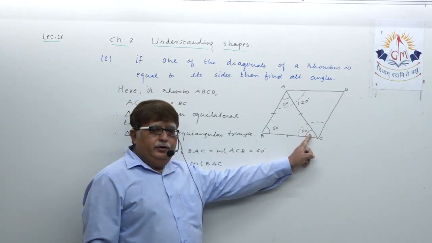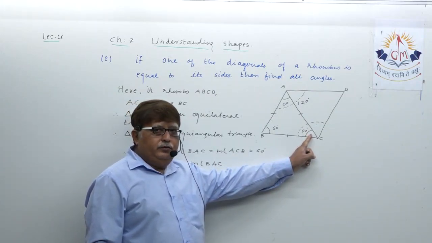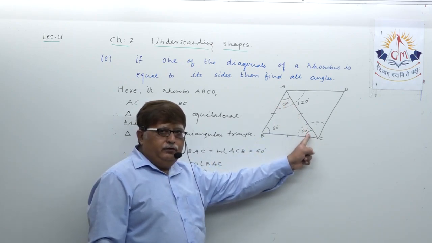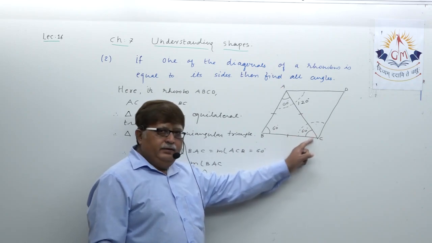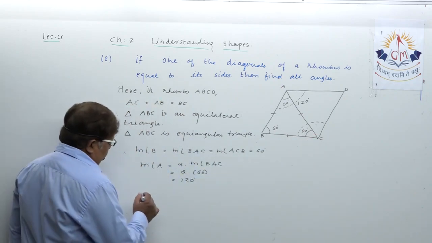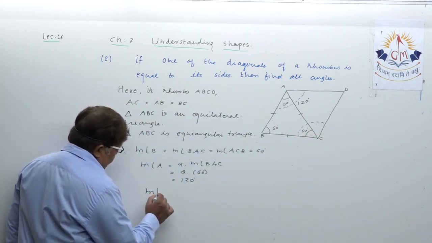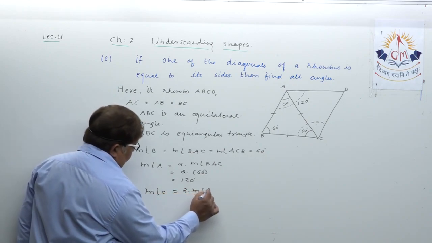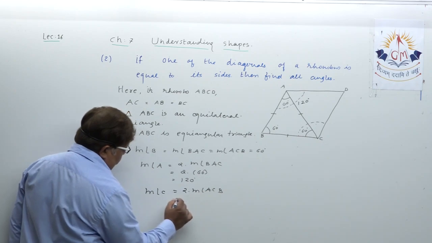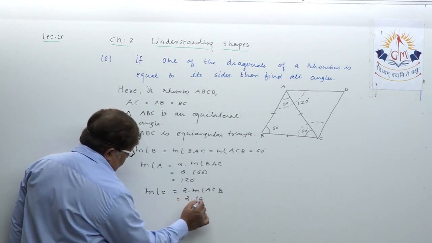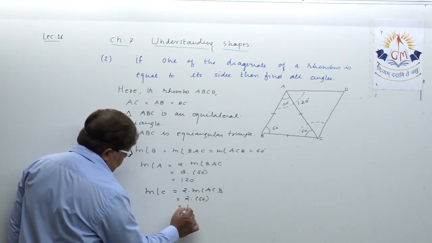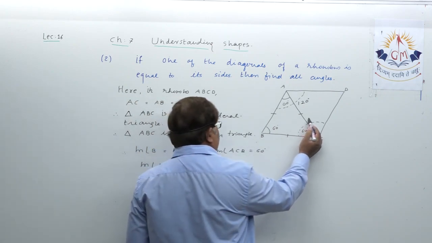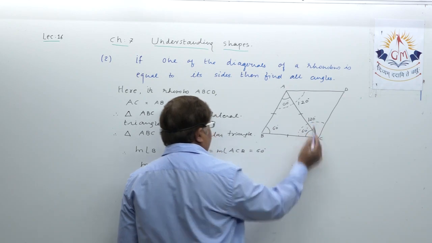Diagonal AC also bisects angle C. So this angle ACB doubled is angle C. So you can mention measure angle C equal to 2 into measure angle ACB, 2 into 60 degrees, that is 120 degrees. So you got this angle also, dear student.